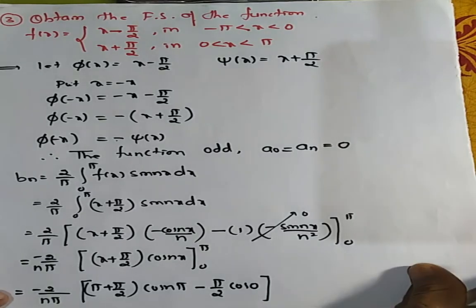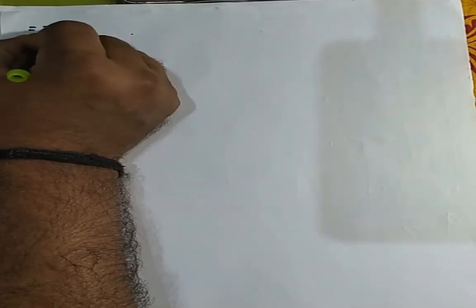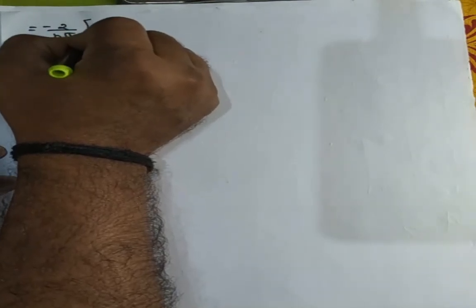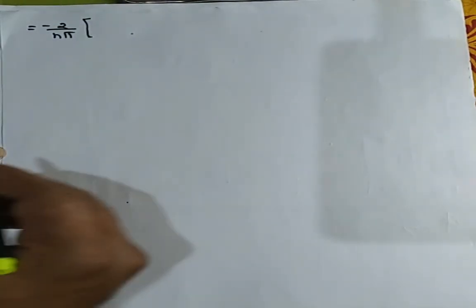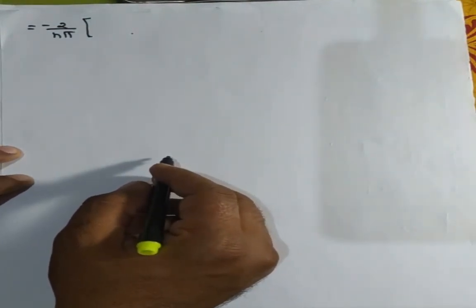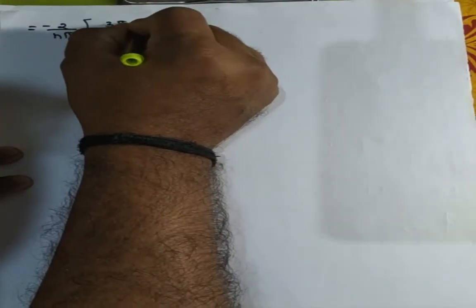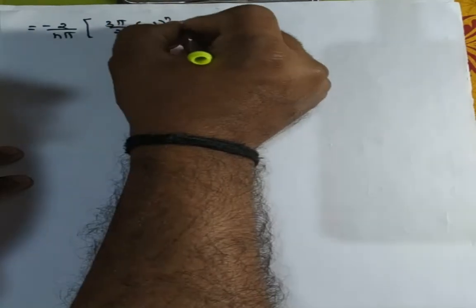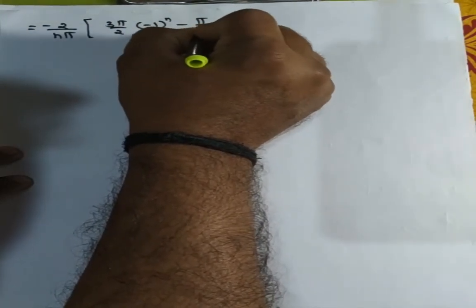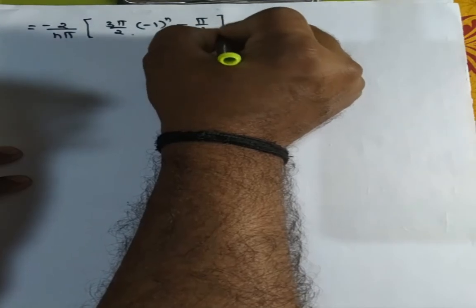So further I can write like this: minus 2 divided by n pi as it is, bracket. So pi plus pi by 2 is nothing but 3 pi by 2, cos n pi is minus 1 raised to n, then minus pi divided by 2, cos 0 is 1.